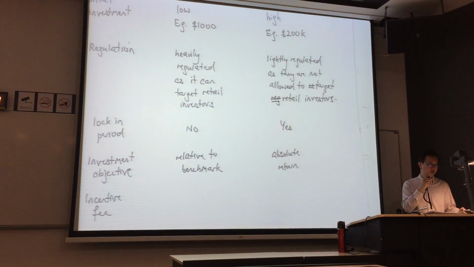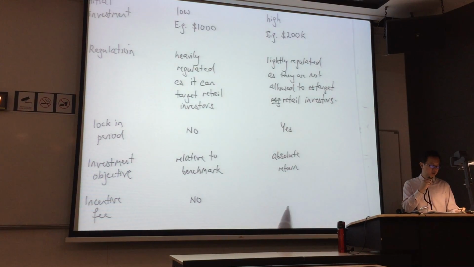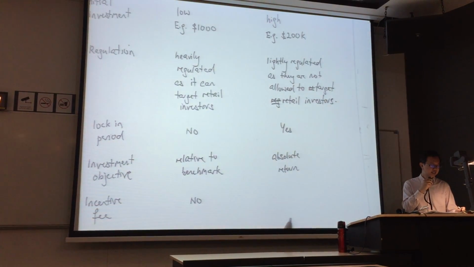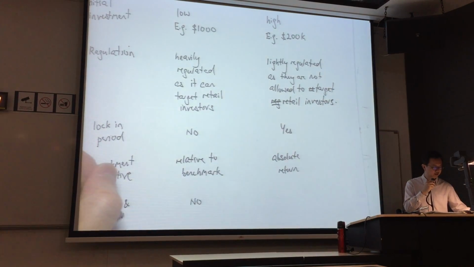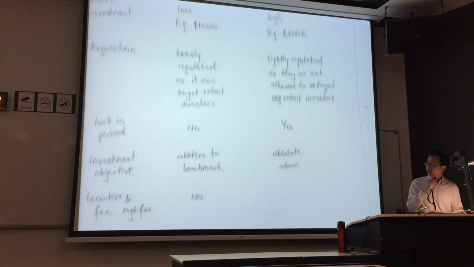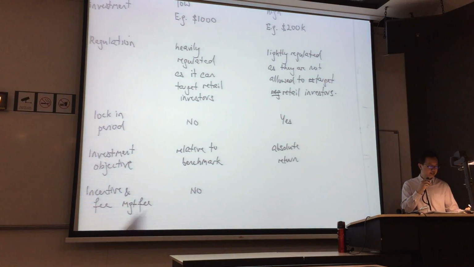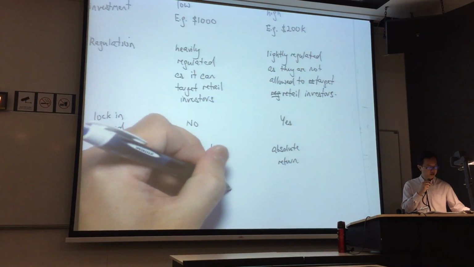So when we talk about a mutual fund, this is typically not set up. However, for the incentive fee and management fee, let's do this together. When we talk about a mutual fund, the incentive fee is not set. No incentive fee usually.